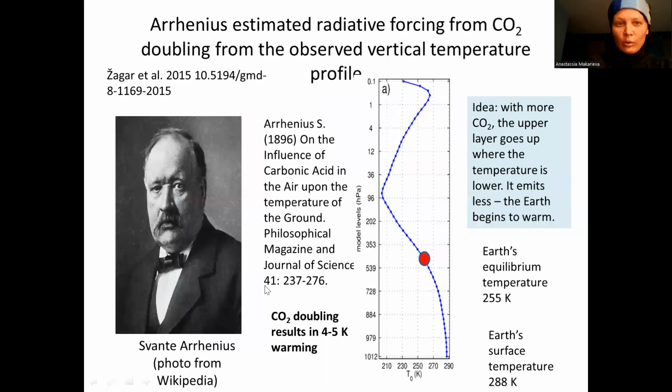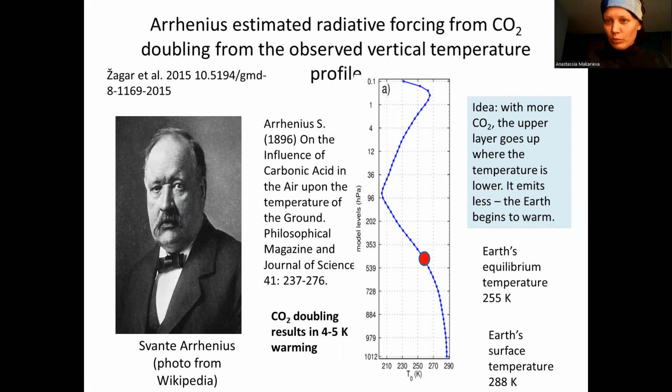And this is how Arrhenius made the first ever estimate of radiative forcing from CO2 doubling from the observed vertical temperature profile. He didn't consider any changes in this profile.